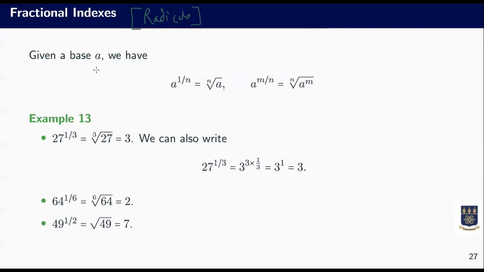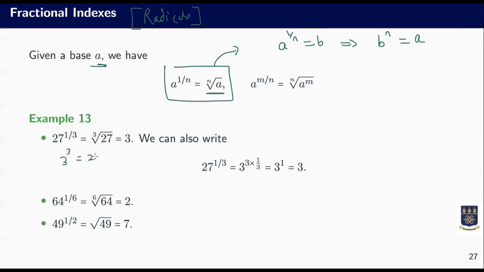Given a base A, we can talk about A raised to the power 1 over n to be the nth root of A. The reason is that if A raised to the power 1 over n equals B, it means that B to the n is A. For instance, 27 to the power 1 over 3 is the cube root of 27. That's 3 because 3 cubed is 27.